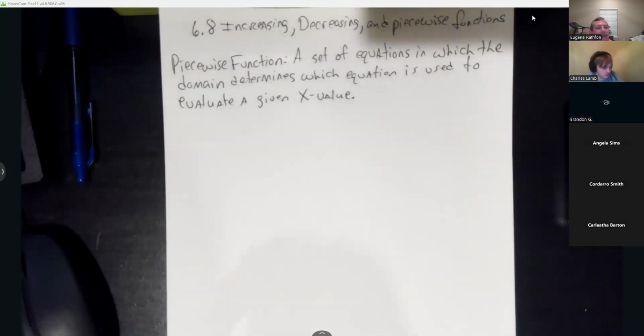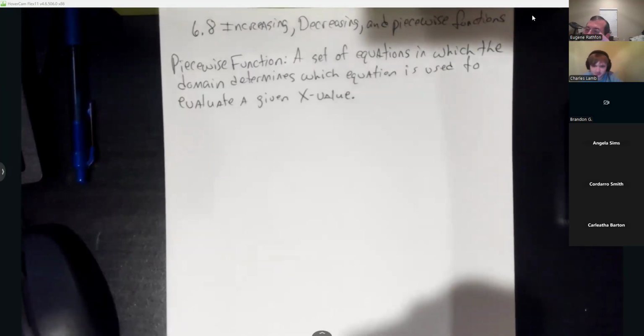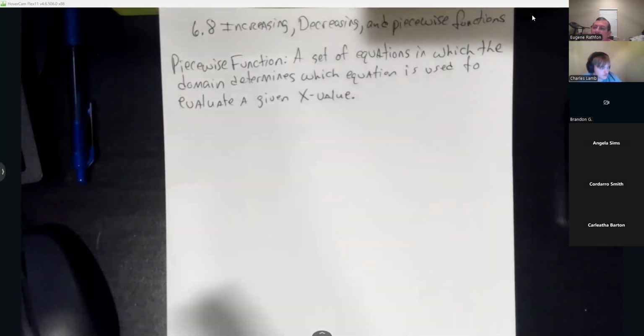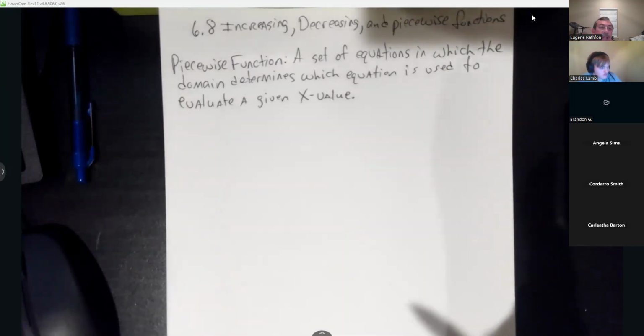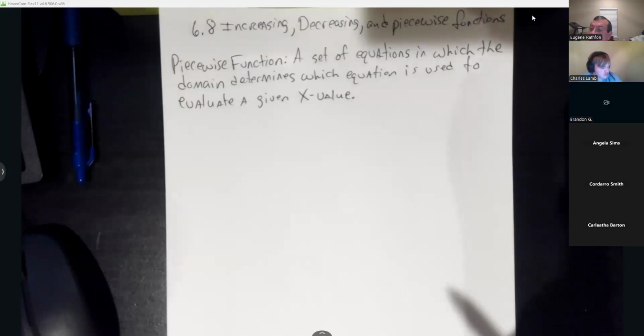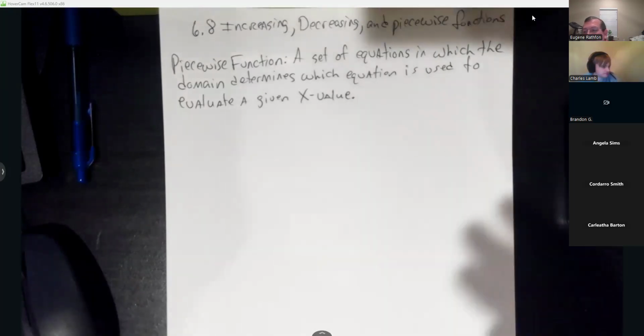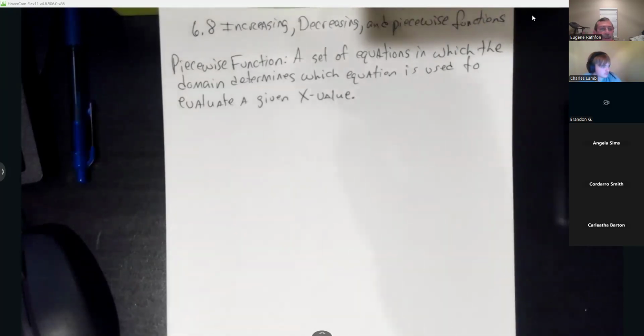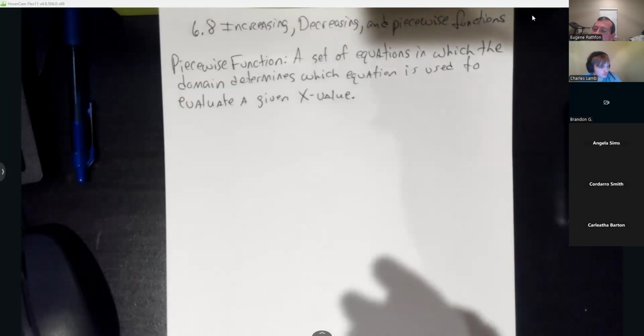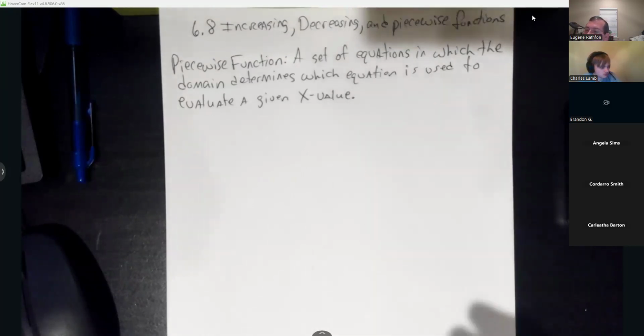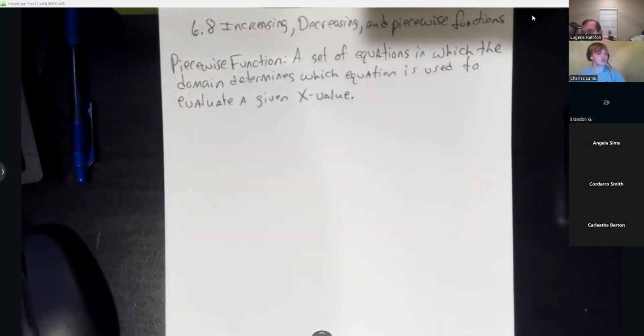So right there, ain't that two different equations to figure out your pay based on how many hours you work? If your domain is up to 40 hours, you got straight up regular pay times how many hours you worked. But if you went over 40 hours, you had time and a half for anything over that 40 hours, right? So, y'all, that's a real world situation where you deal with piecewise functions, okay?